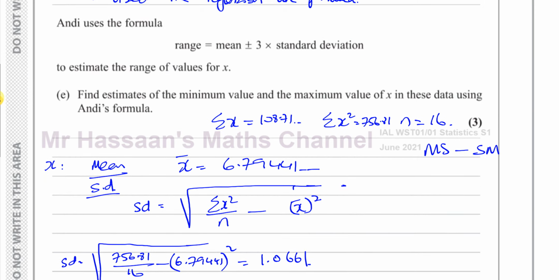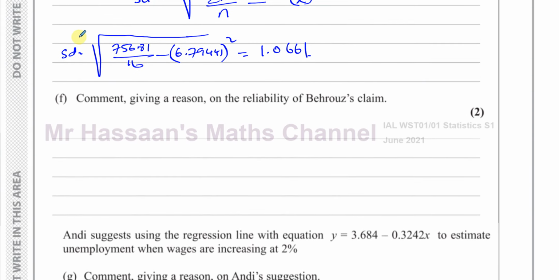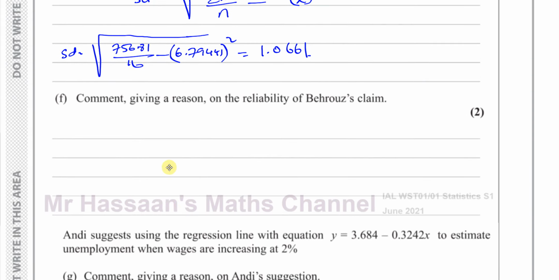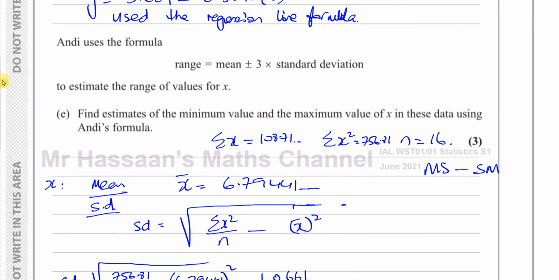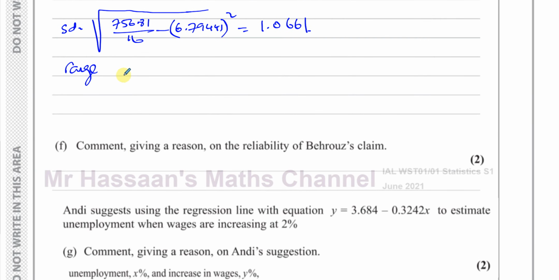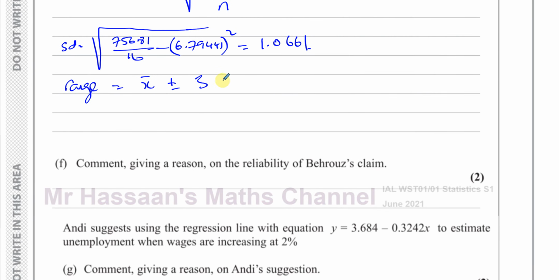So Andy's formula is that the range equals the mean plus or minus 3 times the standard deviation.